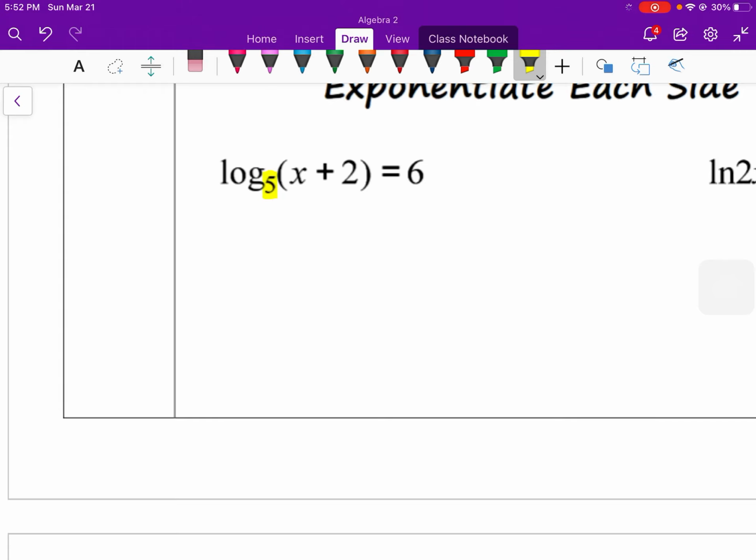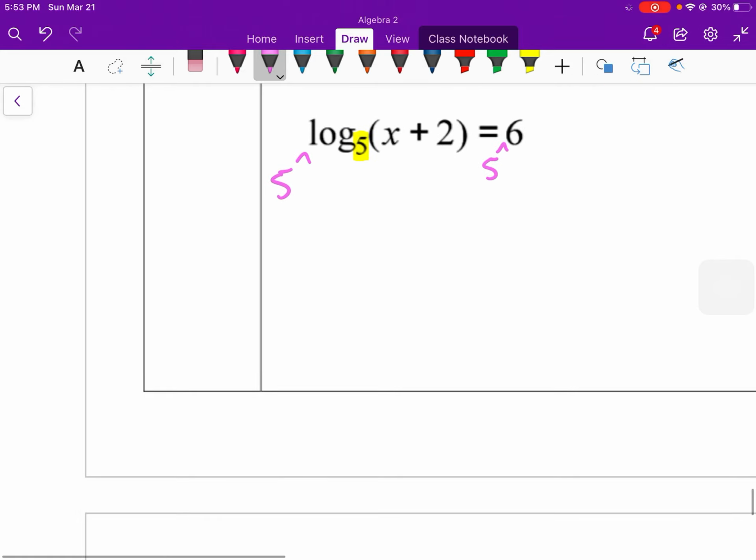This has a base of 5, so I'm going to take 5 to this power on both sides. That then will simplify. Remember, that's the other property. When we have 5 to the log base 5, or b to the log base b, those simplify as well. Those were those inverse functions where when you compose them, you just get x out.